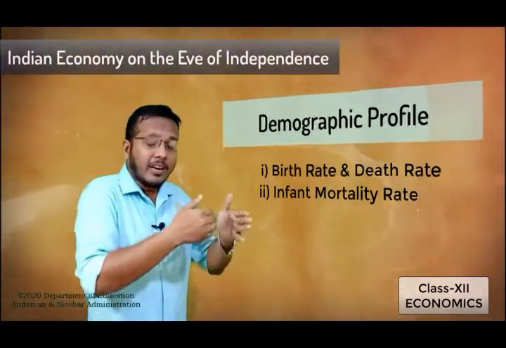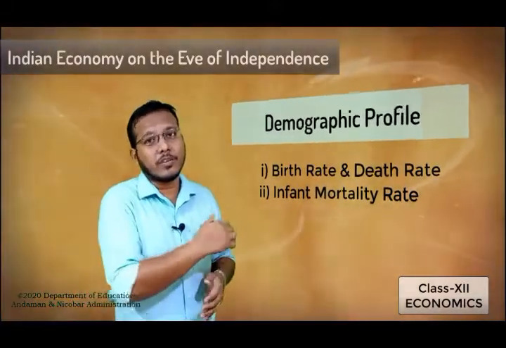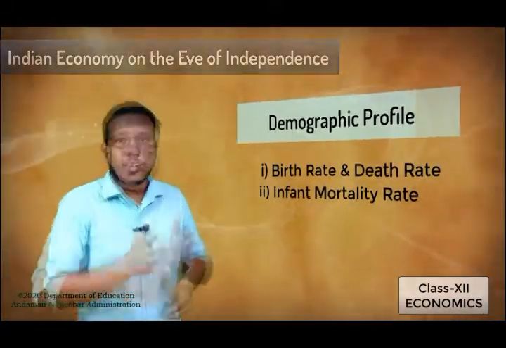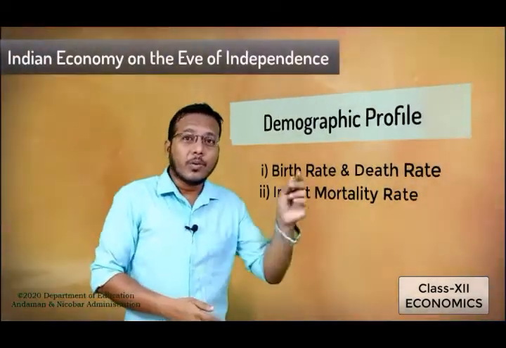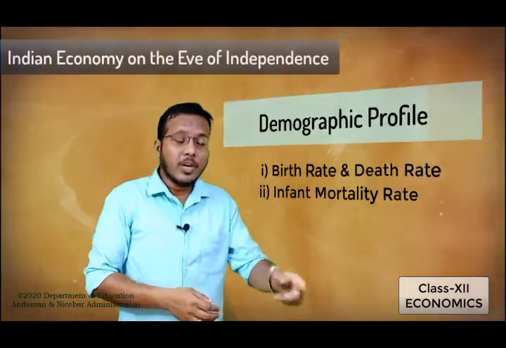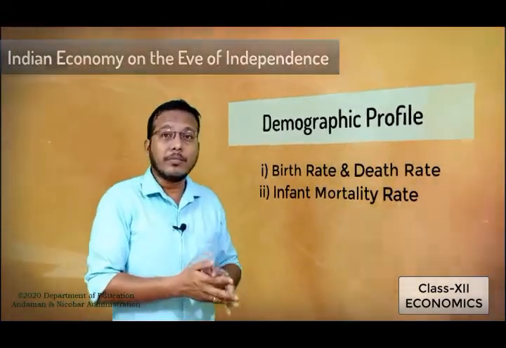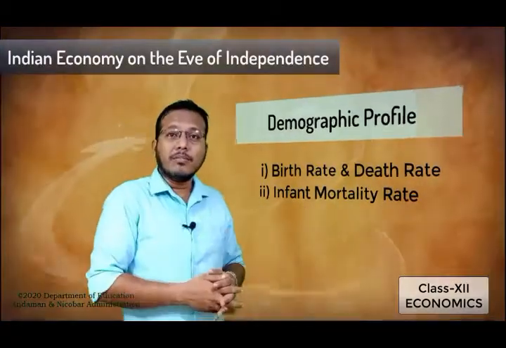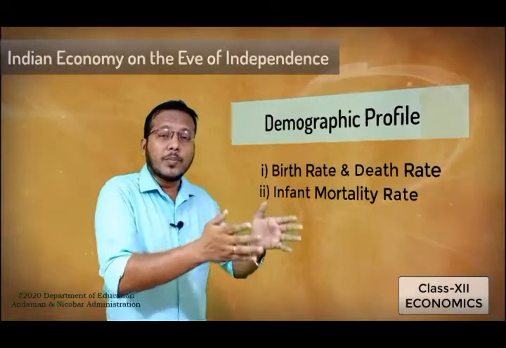We had a very high infant mortality rate during the British rule in our country. But nowadays the infant mortality rate has decreased from 218 at the time of independence to only 40 presently. This is possible only because of the government schemes and the health facilities provided by the government to the common people.